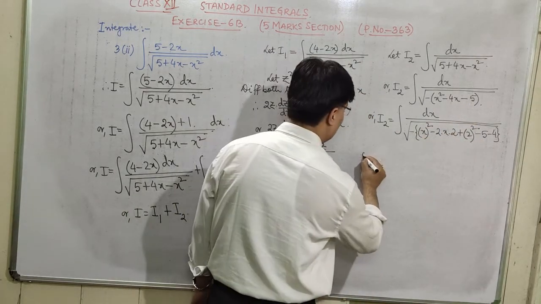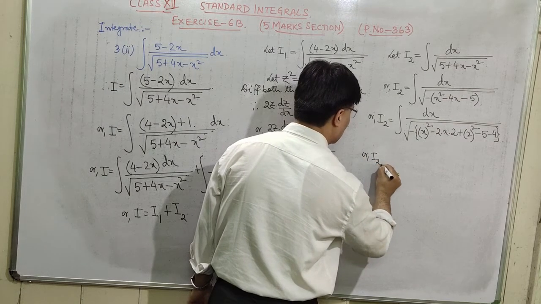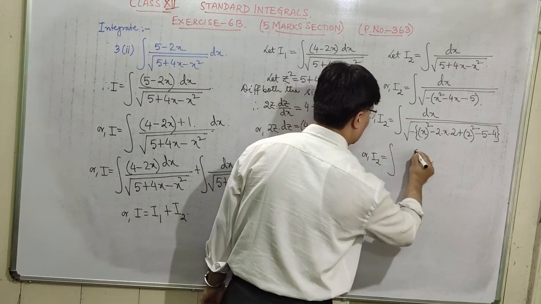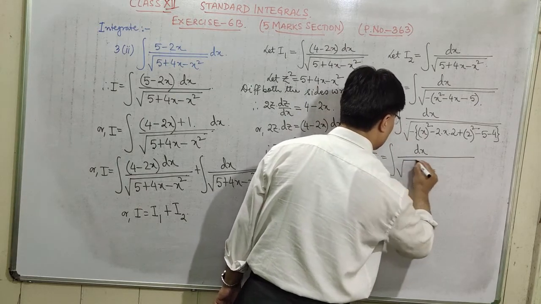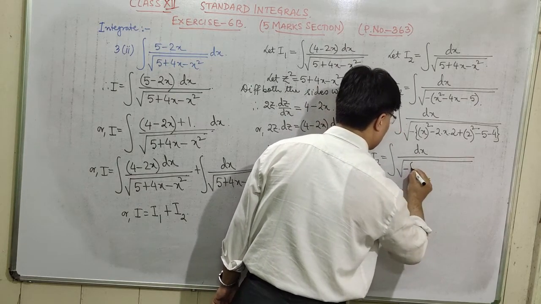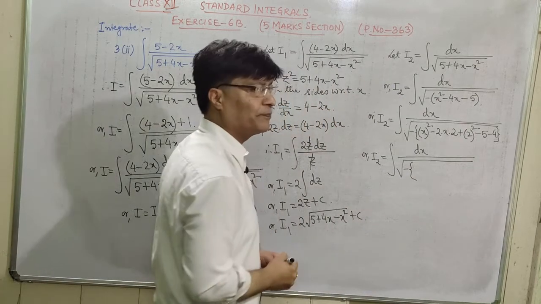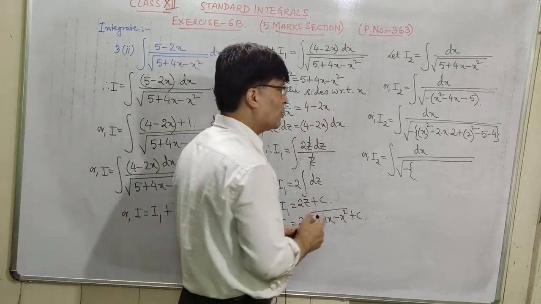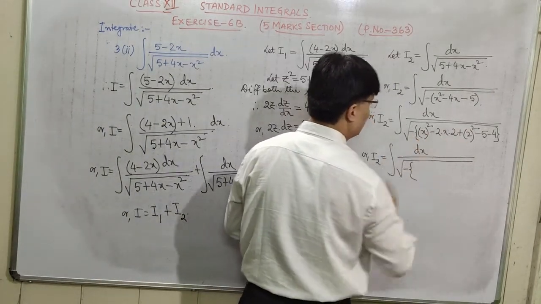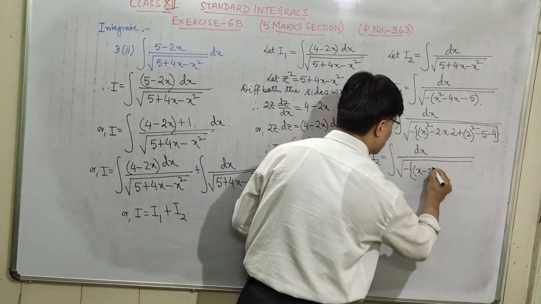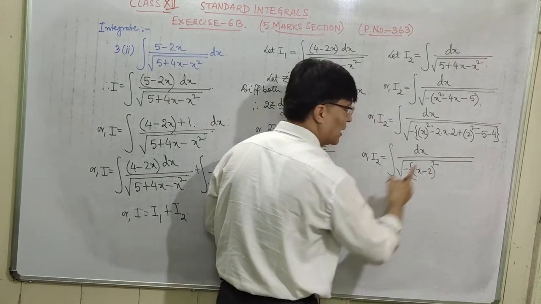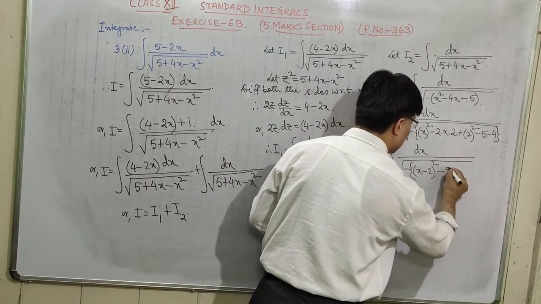So I2 is equal to integration of dx divided by within square root minus within second bracket. Now you know this formula, a square minus 2ab plus b whole square. It is x minus 2 whole square, and minus 5 minus 4 is minus 9.